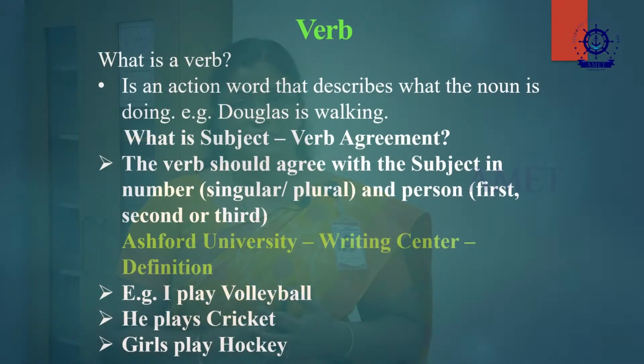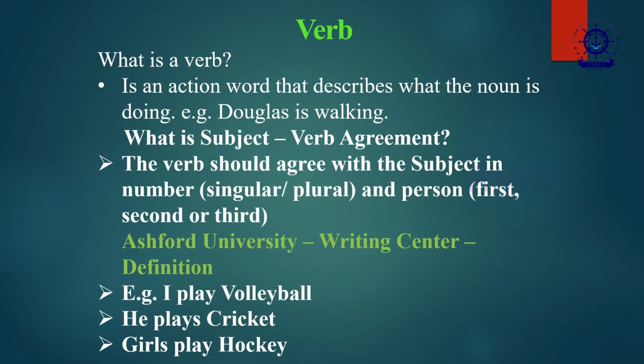I came across an interesting explanation of subject-verb agreement from the Ashford University Writing Center definition. It explained that when the subject takes S as the last letter, the verb doesn't take it. When the subject doesn't take S as the last letter, the verb takes it.